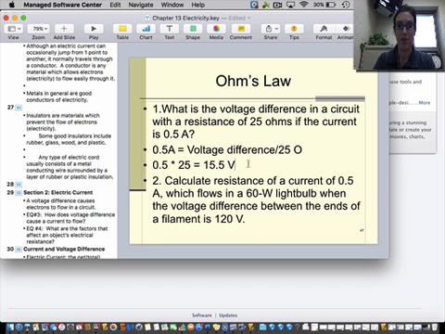All right, number 2. We're going to calculate the resistance of a current of 0.5 amperes that flows in a 60-watt light bulb when the voltage difference between the ends of the filament is 120 volts. This one's a little bit different.